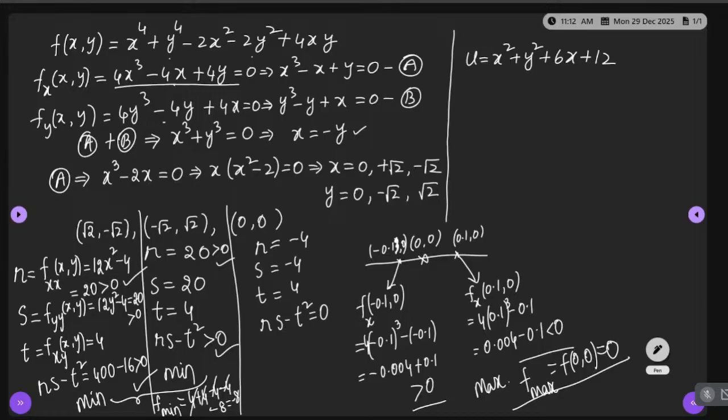Second option, maximum at x equals minus 3, y equals 0. Option C, minimum at x equals minus 3, y equals 0.